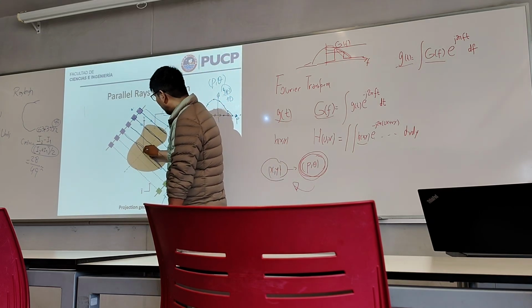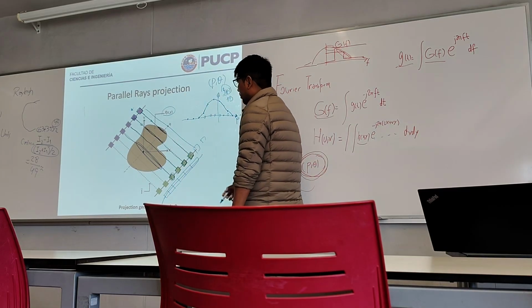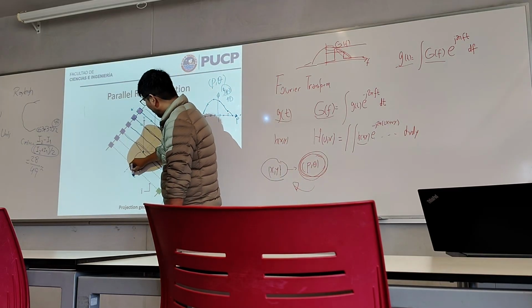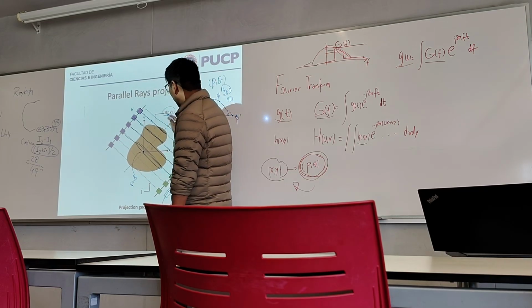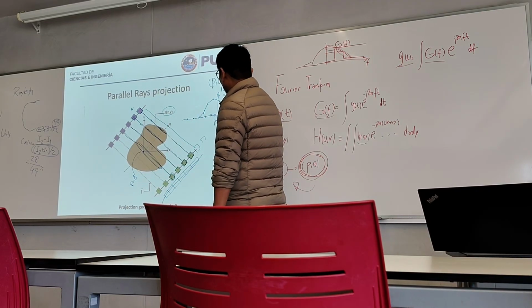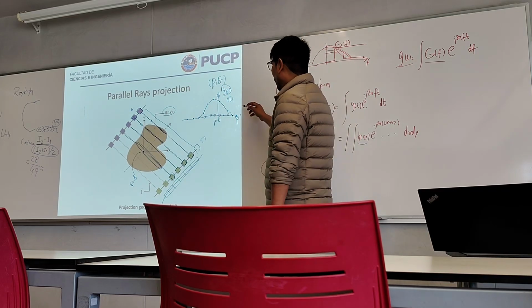If we look at the center of this point, for example, it could be P equals 0. P equals 0, so we will have some plot in one dimension.